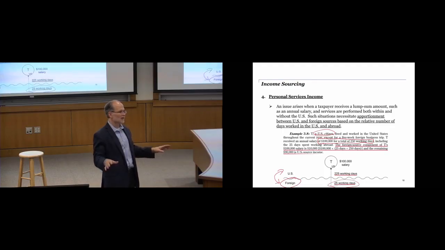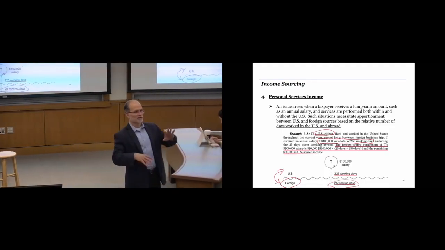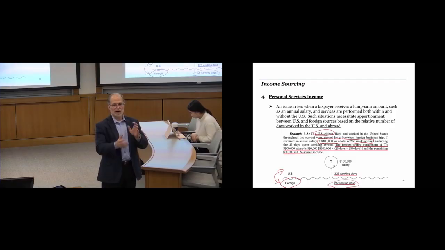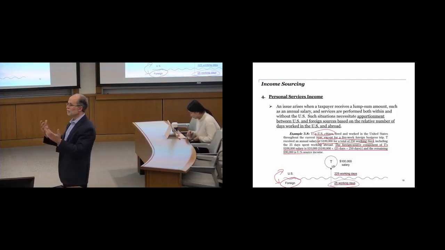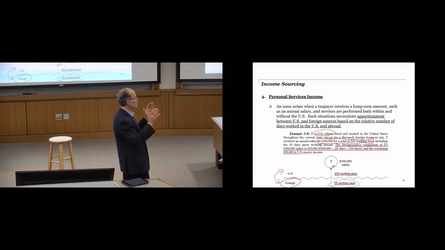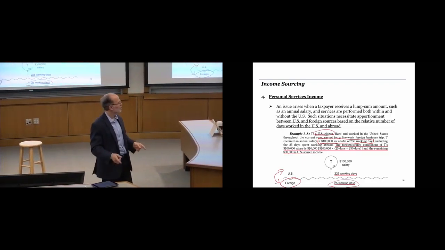Now, others could disagree with that. Some could argue it's the location of the problem or the item you're working on. But I would take a very hard view of the rule, which is clear: it's place of performance. And I think place of performance is where you are sitting doing that work.